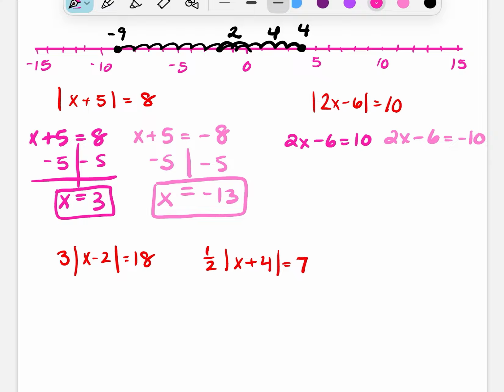And here we have a 2-step equation. So first thing that I need to do to start to isolate or get x by itself is to add 6. And I'm left with 2x, and 10 plus 6 is 16. Divide by 2 next. X is equal to 8.